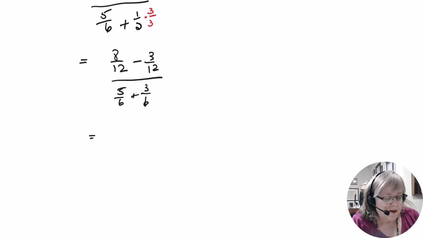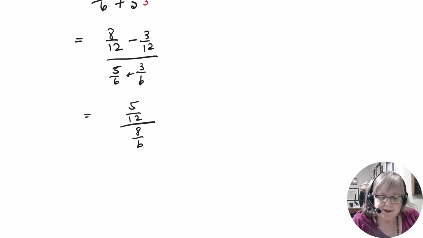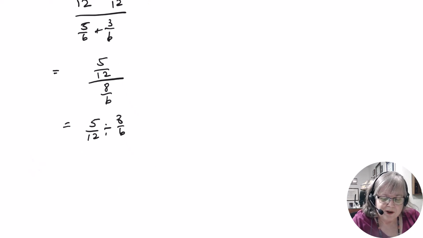And then you could say, well, 8/12 minus 3/12 is 5/12. 5/6 plus 3/6 is 8/6. And you could reduce the 8/6, but you don't have to because we're getting ready to divide it out. And so we would say this is 5/12 divided by 8/6. And remember that to divide by a fraction, you multiply by its reciprocal.